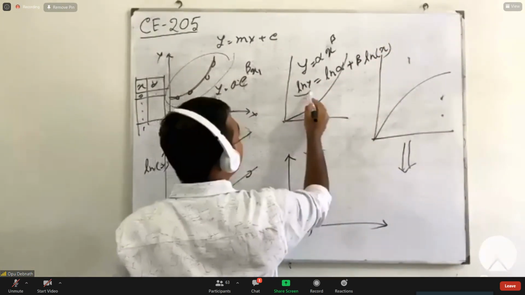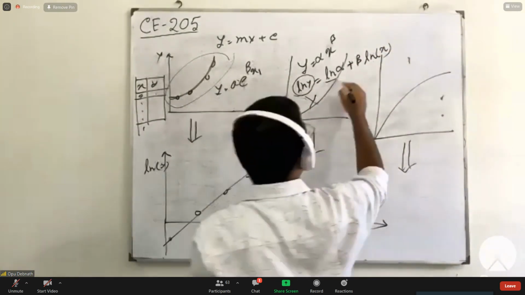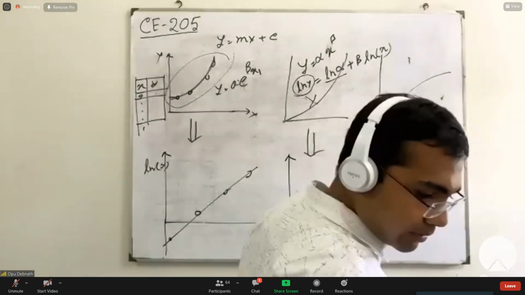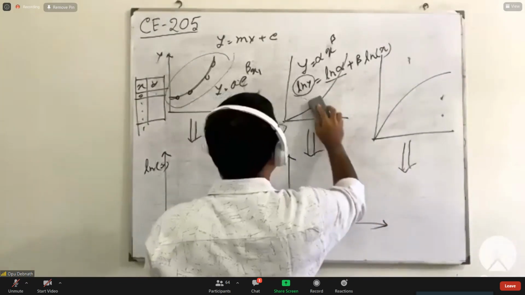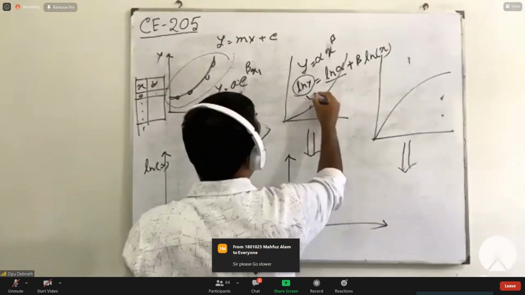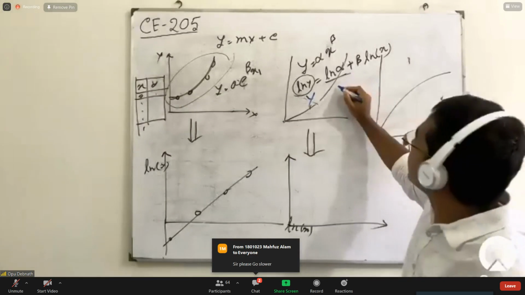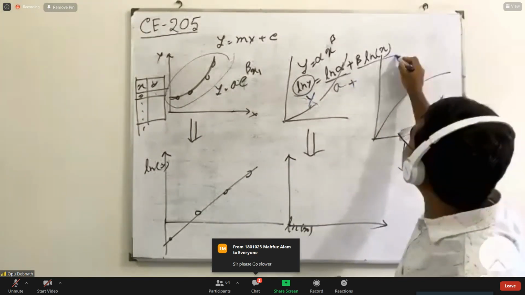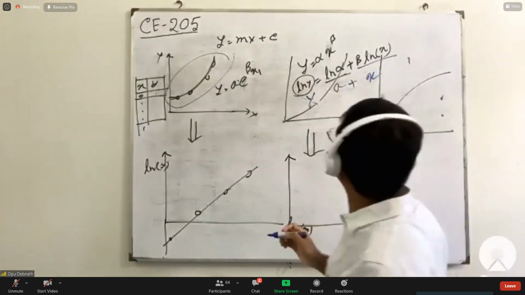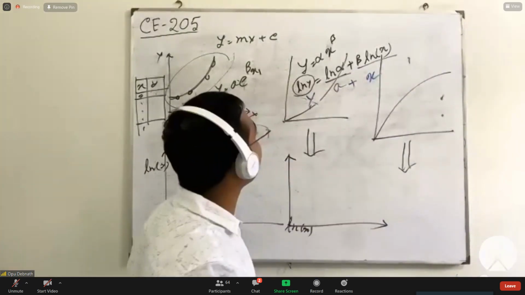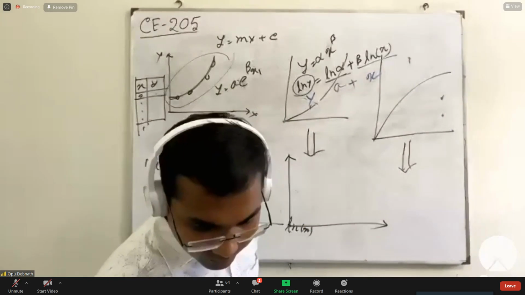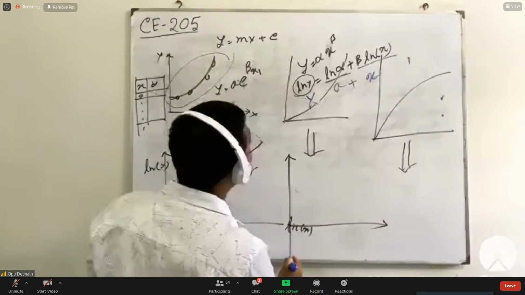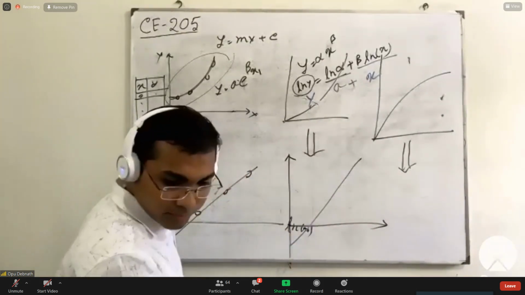So consider this as y, this as a constant, like a or anything else, and this as x. So this line will be something like this, straight.